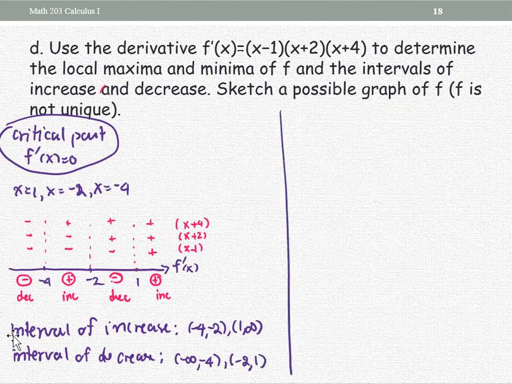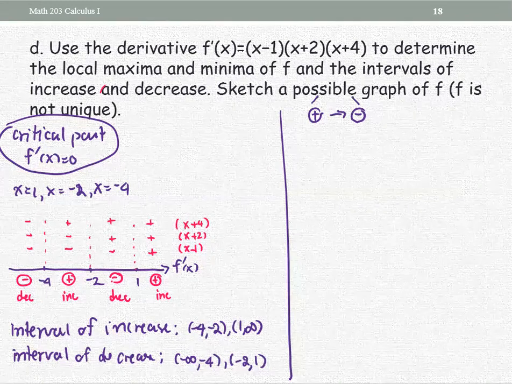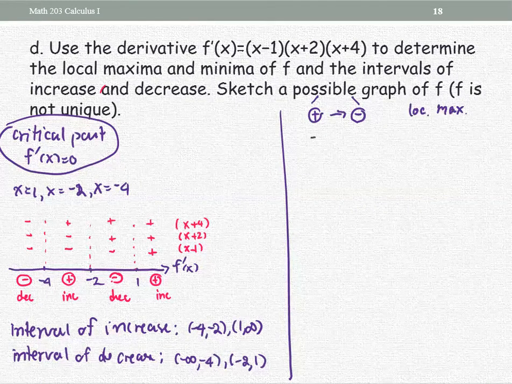And then we're going to identify the local max and local min from the sign change of f prime. Positive, the graph is increasing, negative, the graph is decreasing. So the local maximum occurs where the derivative changes from positive to negative. Where it changes from negative to positive, that point gives us the local minimum.